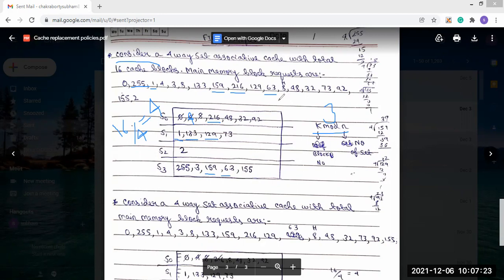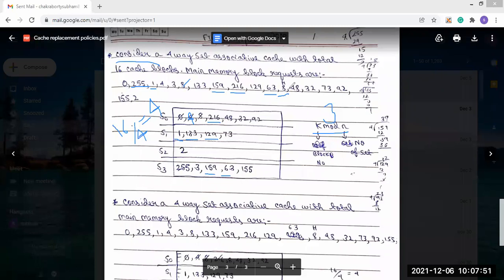Then 8. Now you see 8 is already present because we have already done 8 previously, that means 8 is already present in the cache. If any memory block is present in the cache, what do we say? A cache hit has occurred.